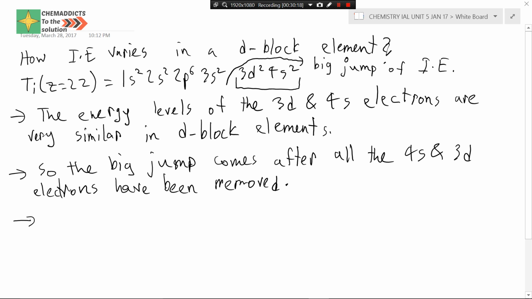So from here we can see that for an element to be a transition metal, it should have at least 4 ionization energies with gradual increase.